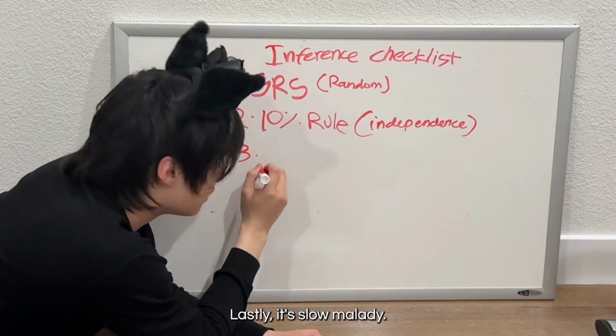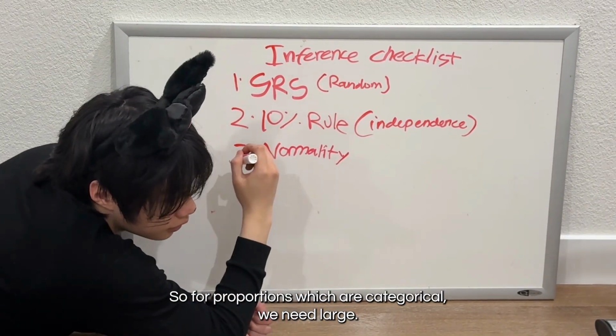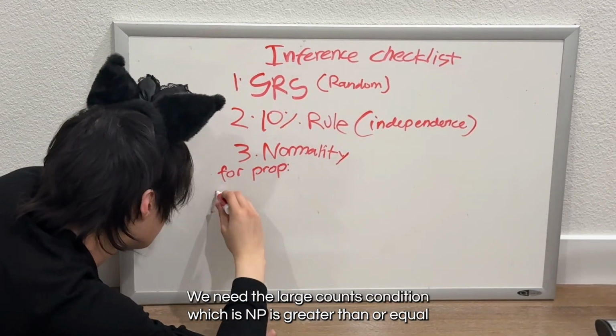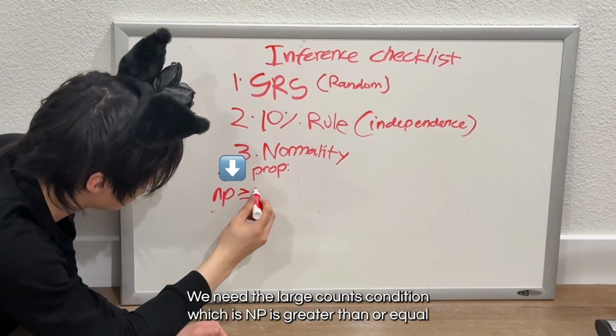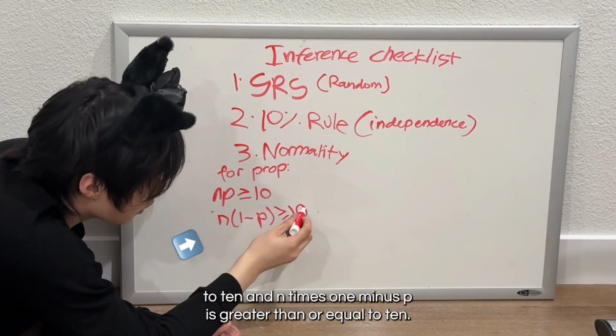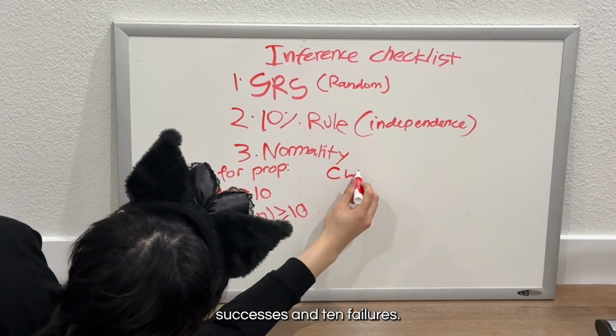Lastly, it's normality. For proportions, which are categorical, we need the large counts condition, which is np greater than or equal to 10 and n times (1 minus p) greater than or equal to 10. This basically ensures at least 10 expected successes and 10 failures.